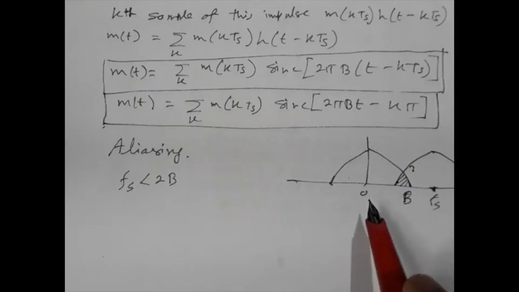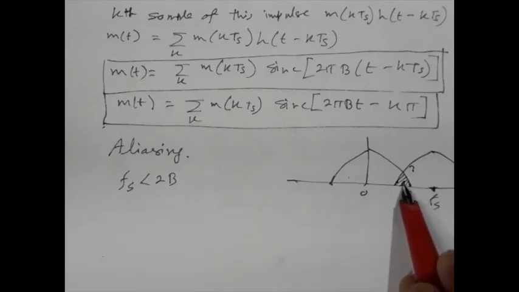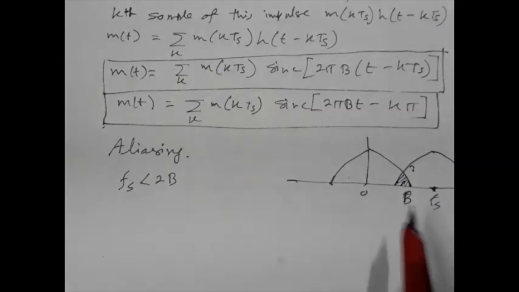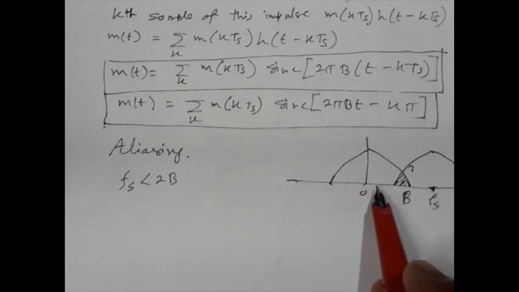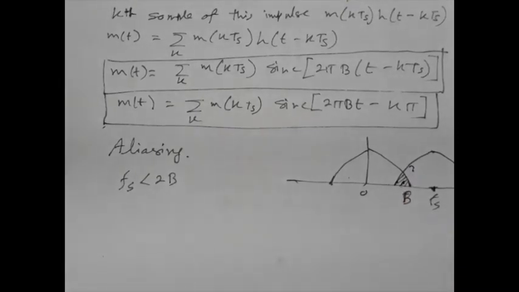So because of the overlap due to the aliasing phenomenon, it is not possible to recover the original message signal. Using a low pass filter, whenever we try to reconstruct, distortion will be there because of this overlap region.